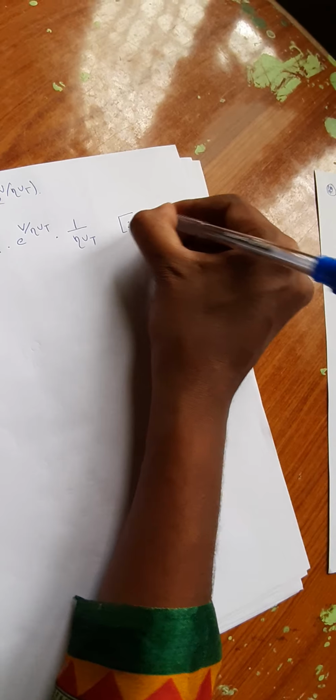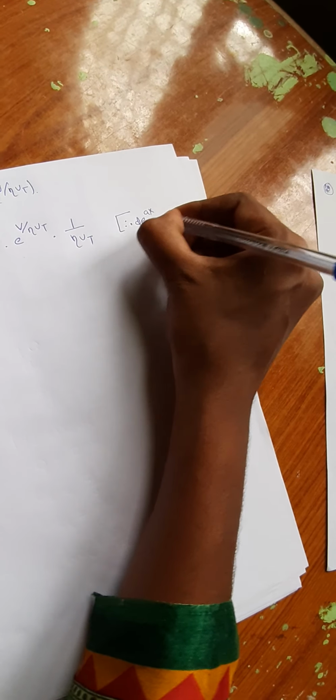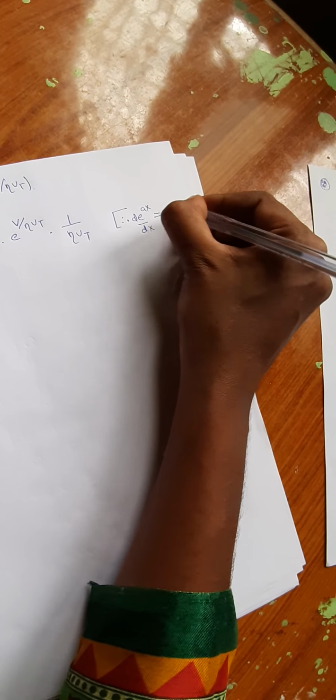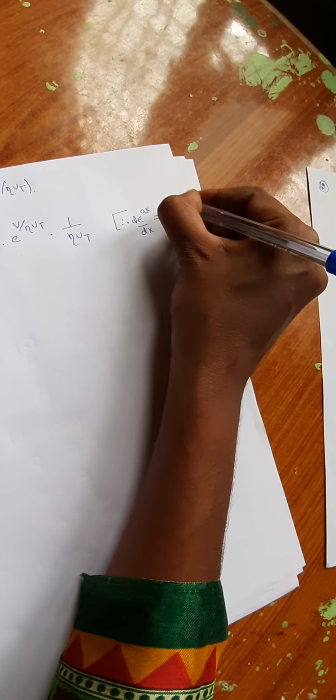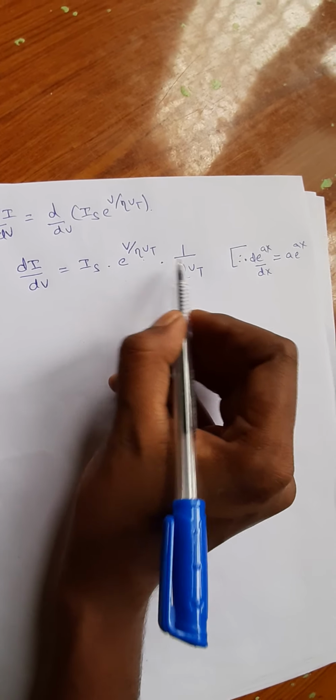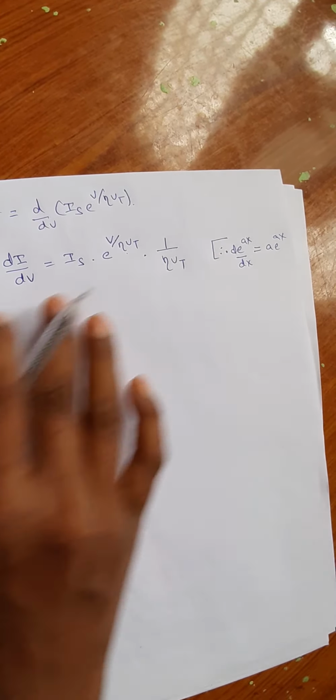Let us consider e power ax. When we differentiate this, we get a into e power ax. Here it is in the form of 1 by eta Vt, so the term is 1 by eta Vt.